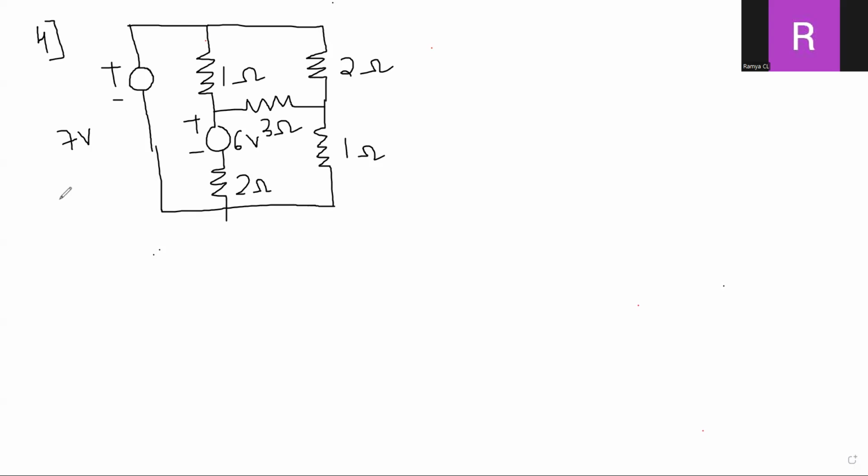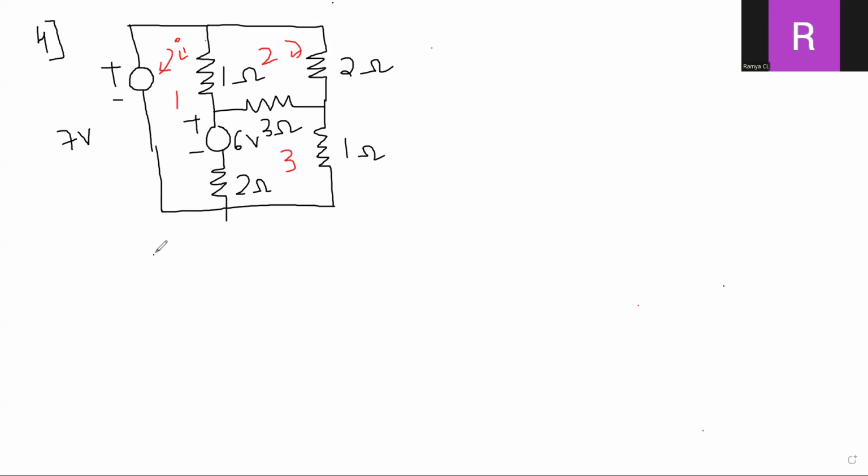How to identify there are 3 meshes, how many boxes? Here this is mesh 1, this is mesh 2, this is the third mesh. So total number of currents, how many will you have? 3 currents, I1, I2, and I3, same procedure, ma, just like this.